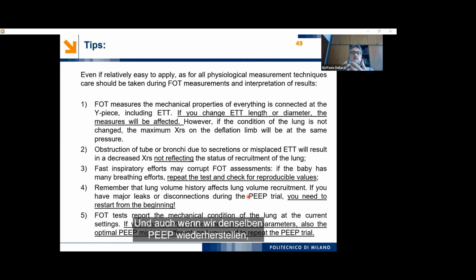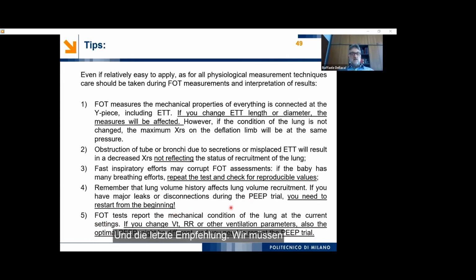And even if we resume to the same PIP level, we will be losing the recruitment effect of the inflation limb of the trial. So in case you have any major leak or disconnection, so if the pressure cannot be kept stable during all the execution of the PIP trial, you need to restart the trial from the beginning. You cannot just resume by reconnecting or reducing the leaks.